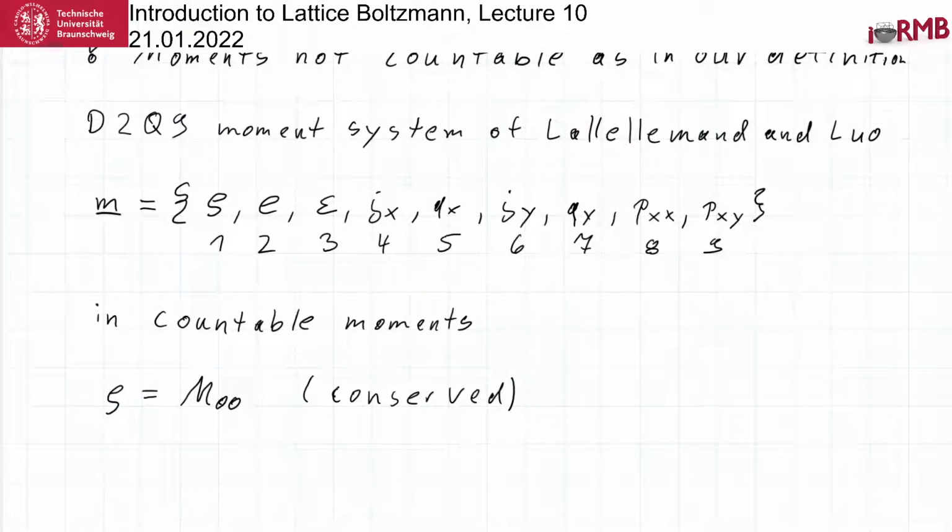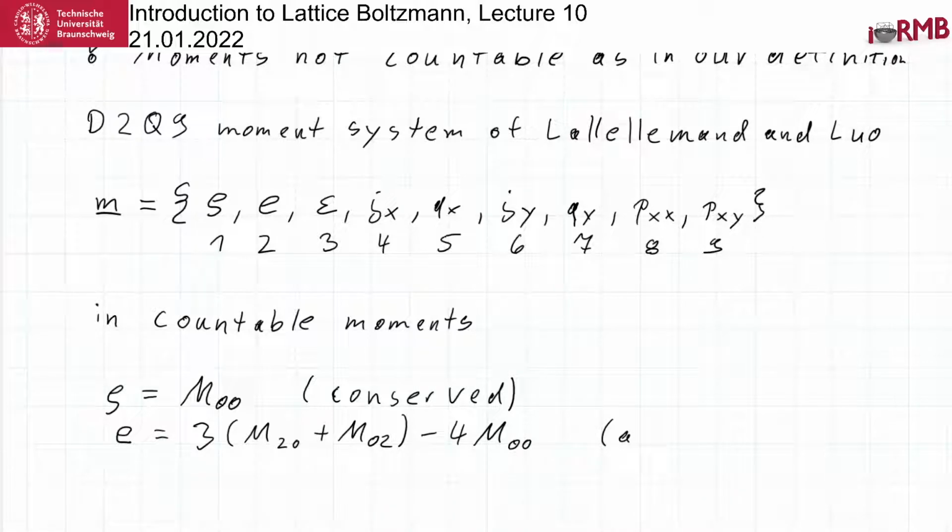So now they are not continuing on with the first order moment, but they are continuing with something like a second order moment. So what they define as E is 3 times m20 plus m02 minus 4 m00. So what kind of moment is this?